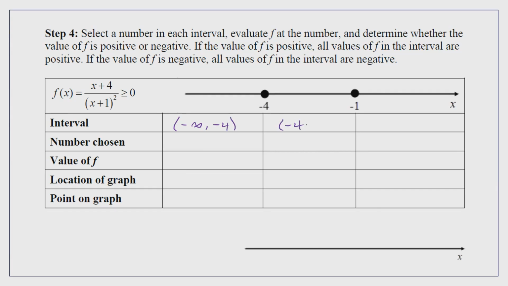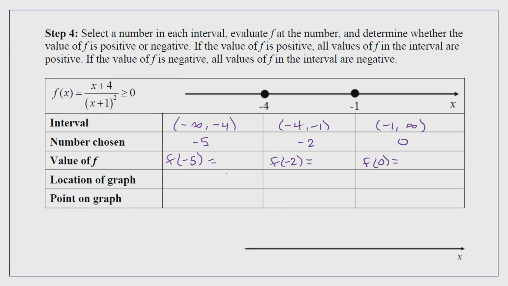We have negative 4 to negative 1, and we have negative 1 to infinity. The numbers I'm going to choose will be negative 5, negative 2, and let's just do 0. So we'll evaluate f at negative 5, evaluate f at negative 2, and evaluate f at 0.